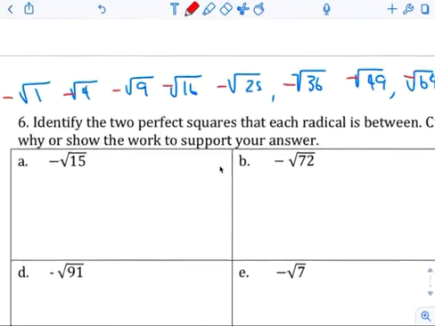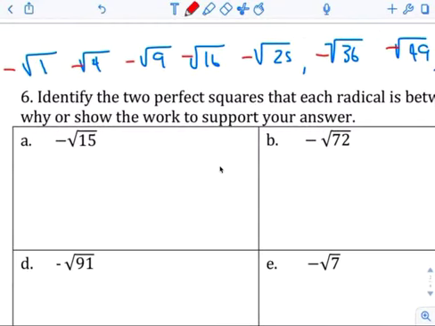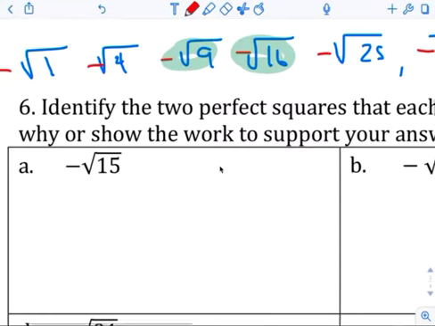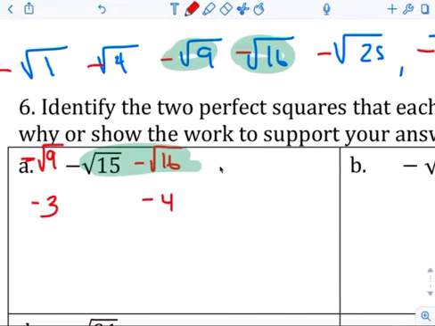Okay, square root of 15 is between negative 9 and negative 16 right there. Closer to 16, so it's closer to negative 4. Your answer is between negative 3 and negative 4.